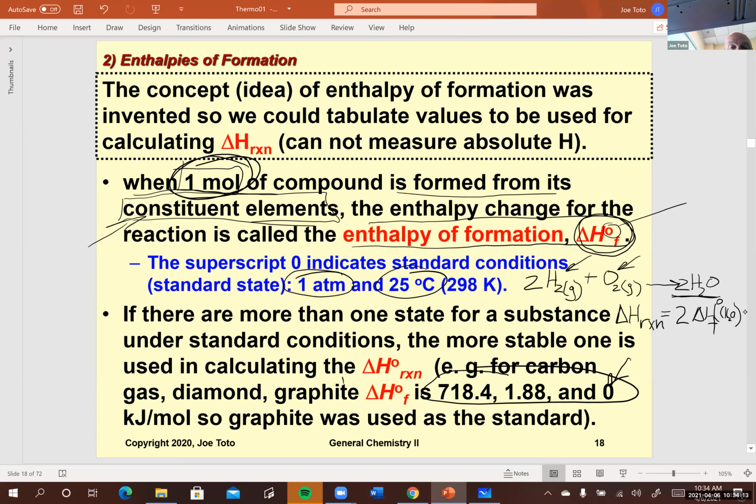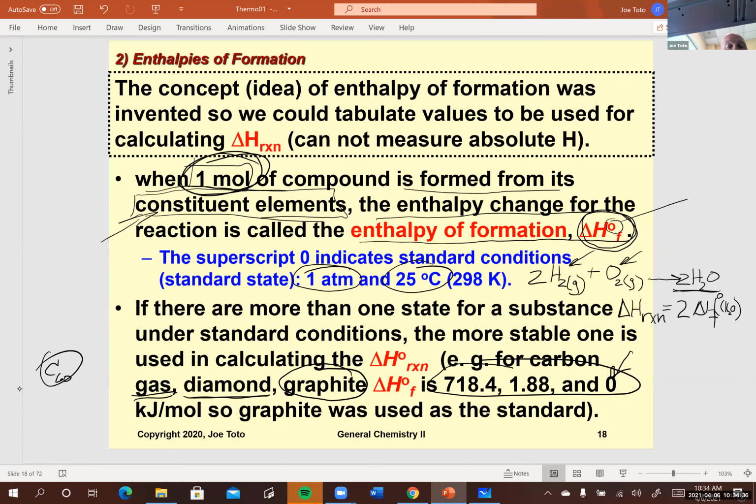And so graphite has the least amount of energy as far as carbon is concerned compared to diamond or its other form, which is C60. It's called buckyballs or Buckminsterfullerenes. Anyway, that's another form of carbon, but it's got the highest energy of them all.